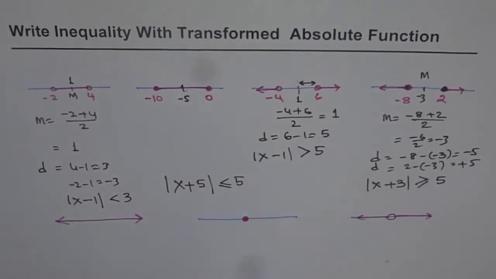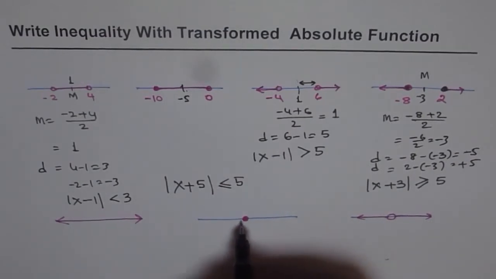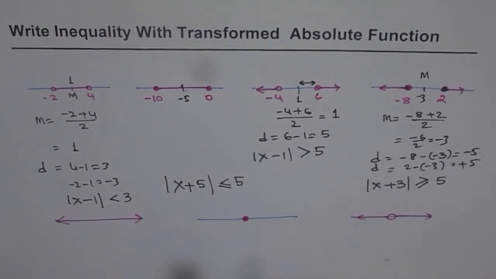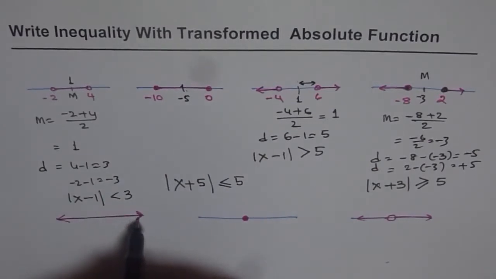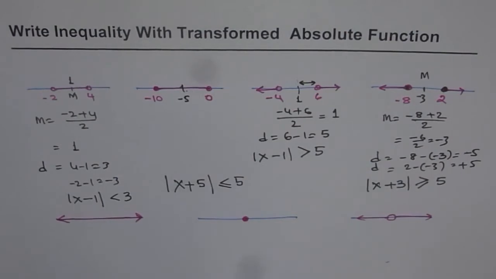That is one of my solution of inequality, and this one is nothing but just 1 point. It could be equality also, okay? Represent them as absolute function inequality. Can you do that? This is all real numbers. So that is an exercise for you, and that is normally asked in communication and thinking problems.